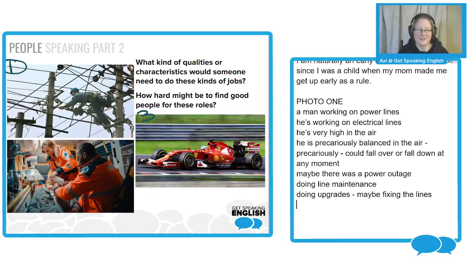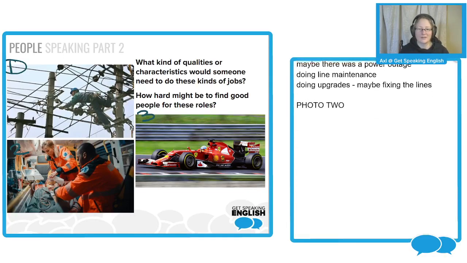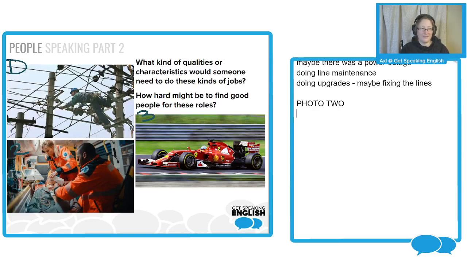Feel free to put some ideas in the chat. Number 2: it looks like they are in the back of an ambulance. They're not quite doctors, we might call these people paramedics. And it looks like they are working on a patient.